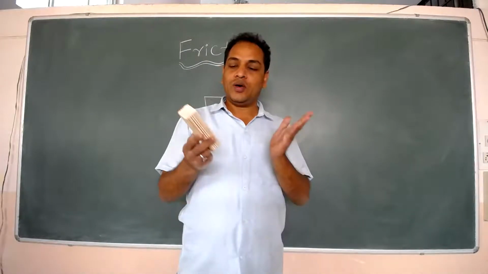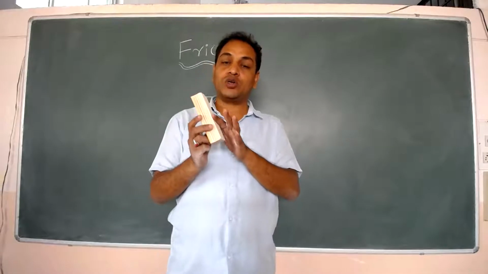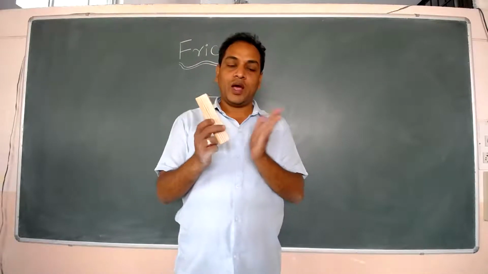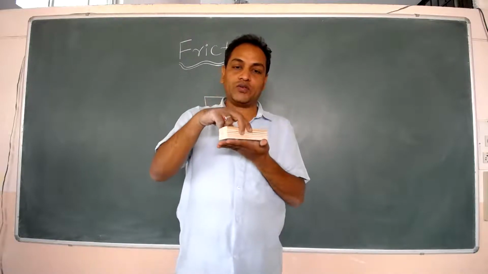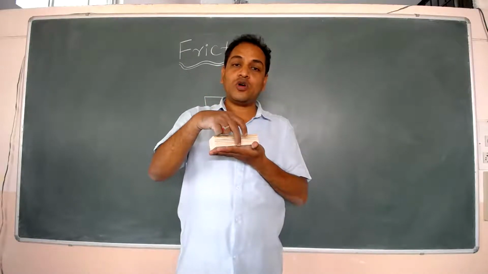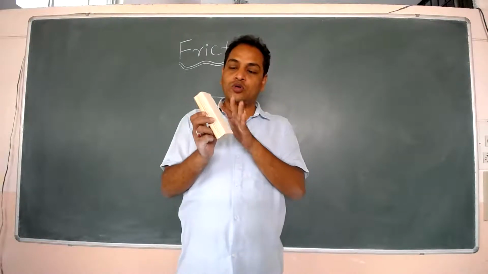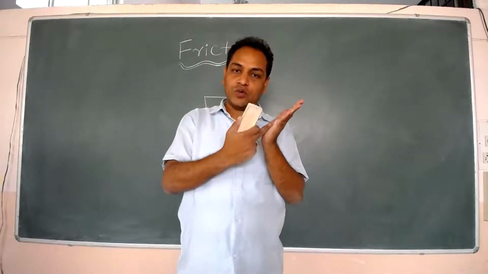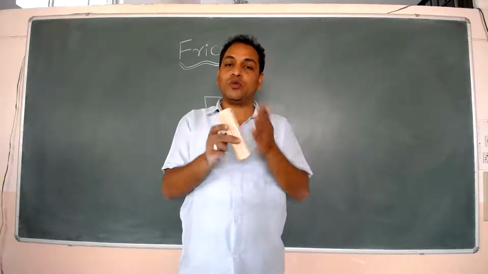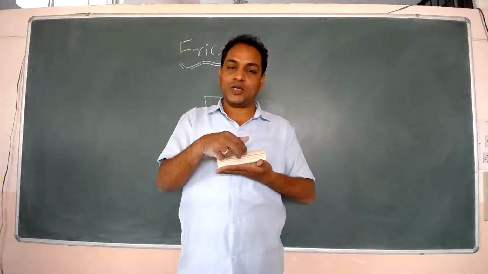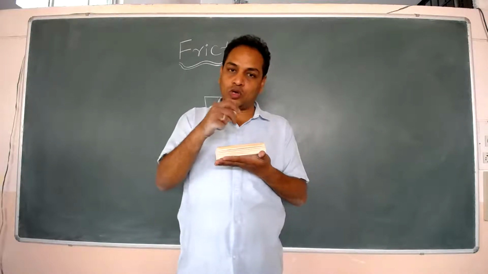When the molecules on the outer surface of one body and the molecules on the surface of another body are in contact with each other, then a force of attraction takes place between those two molecules. They both attract each other. That means one contact force is acting between those two molecules.